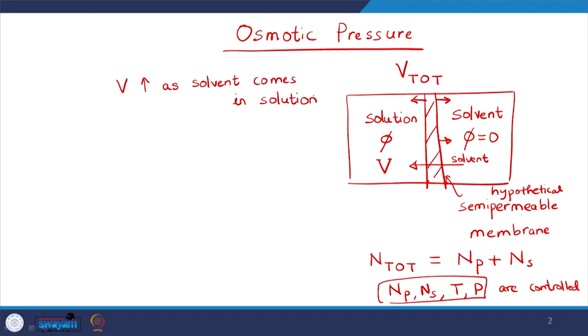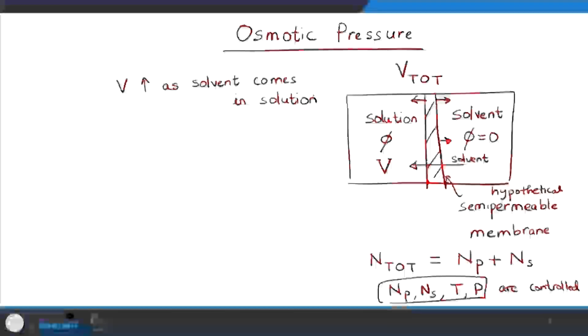So, in general, if I start this particular system, the solvent will have a tendency to pass through the membrane to the solution, and whenever that happens, there is a change in the volume of the solution, right.